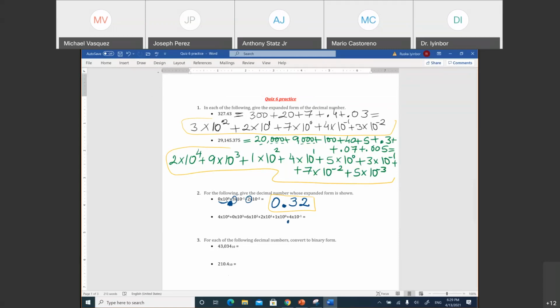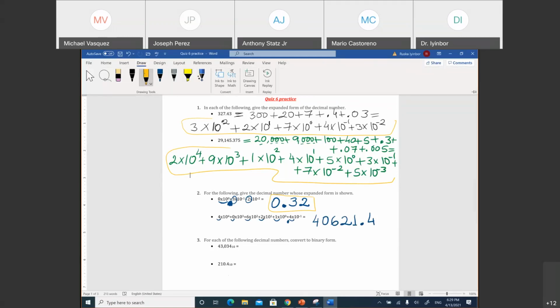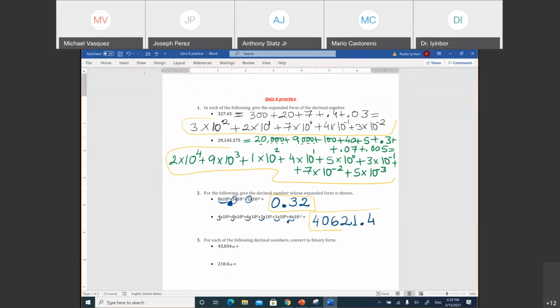So my number is going to be 4 0 6. We're just collecting the numbers in front of the 10. 6, and then 2 and 1, and then 0.4. Okay, that's all. This is my decimal number.